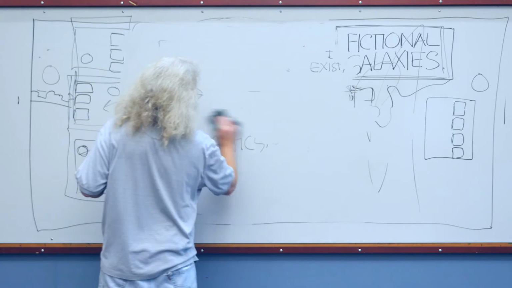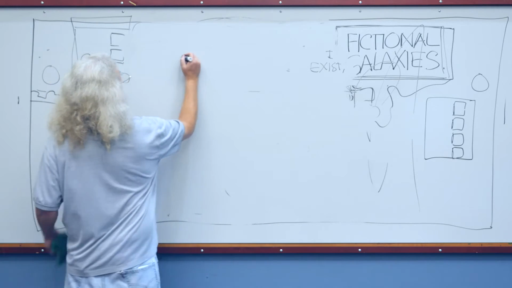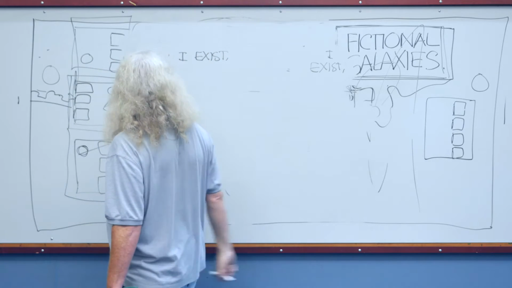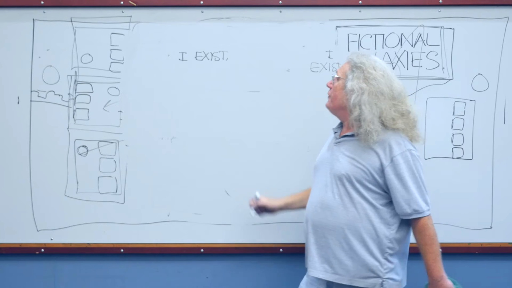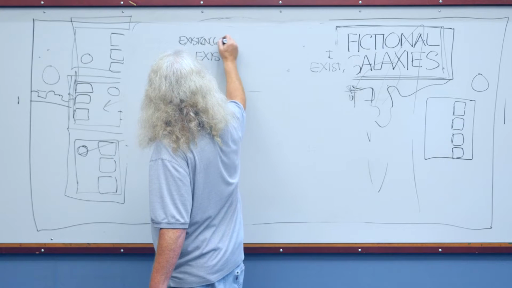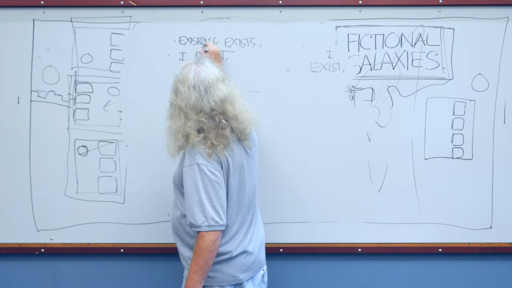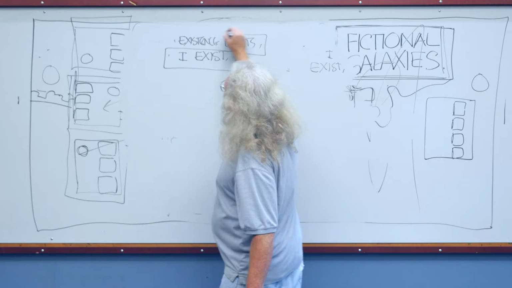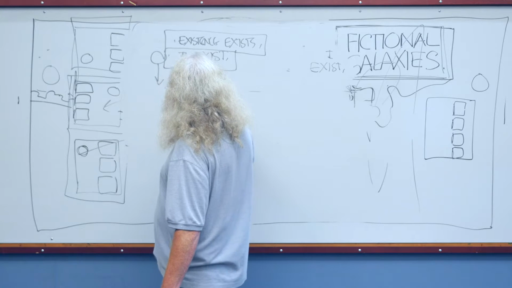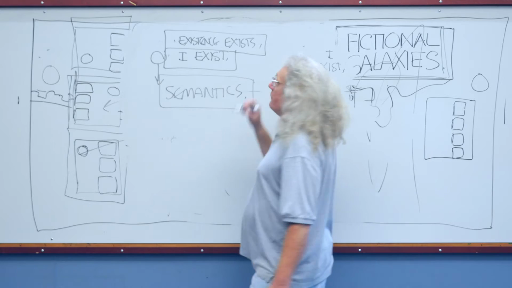I exist requires a prerequisite, which is that existence exists. But you aren't going to know this from the jump. This is intelligence. I exist leads to existence exists, meaning that in semantics, you have to exist and be intelligent to understand that existence exists.